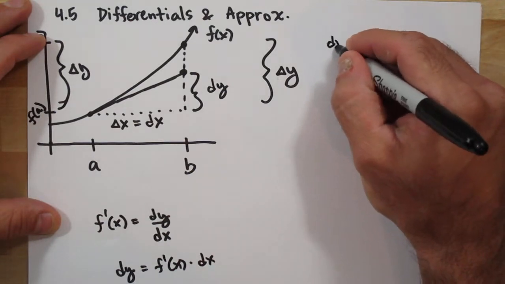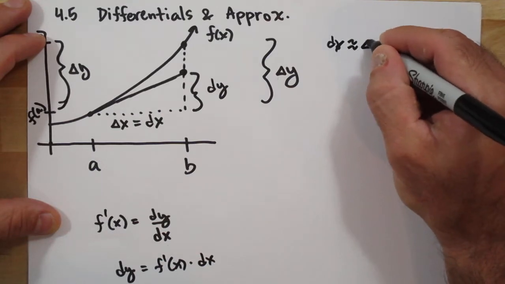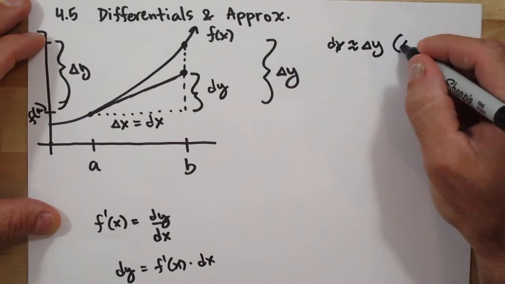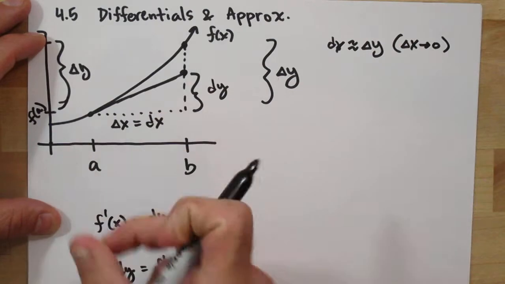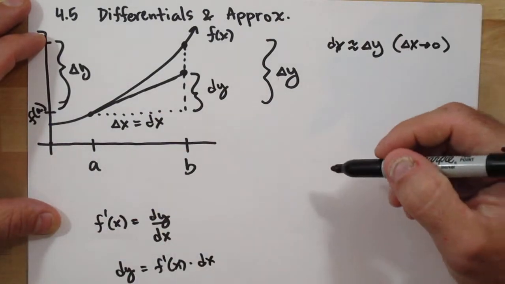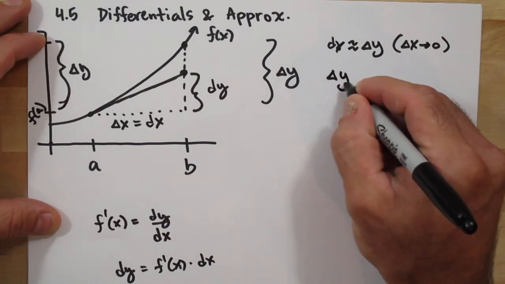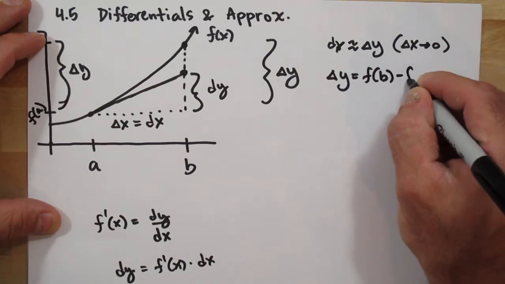So dy is approximately equal to delta y. And that approximation gets better as delta x approaches 0. So the closer this change in x is to 0, the better the approximation for dy would be. Now delta y, a couple of things we want to note, is going to be equal to f of b minus f of a.